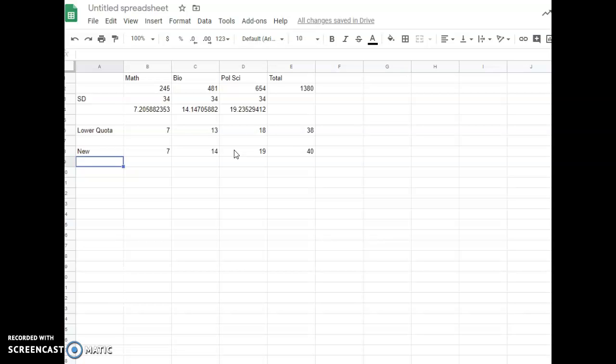So my apportionments should be 7, 14, and 19, and that is my answer. So math should get 7, bio should get 14, political science should get 19.